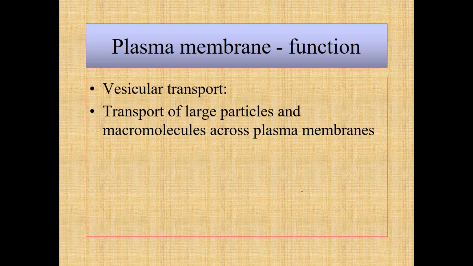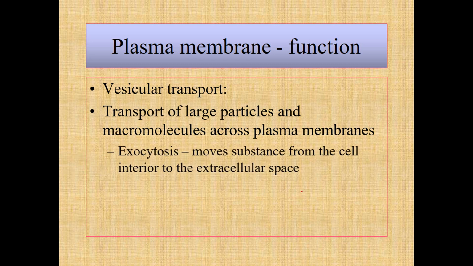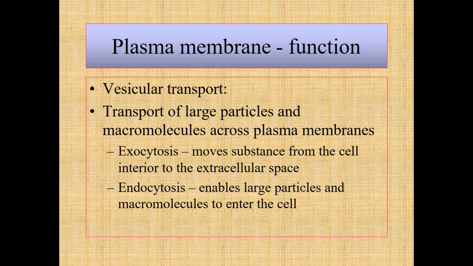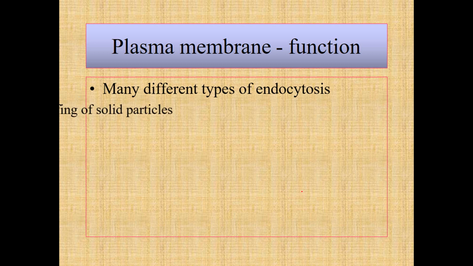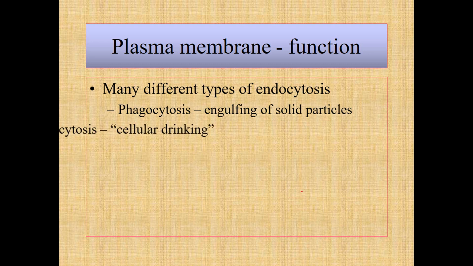And for vesicular transport, we pay attention to the direction. So exocytosis is when we move stuff out of the cell, from the cell to the extracellular space. Endocytosis is when the cell will take stuff in. Now, for endocytosis we take a look at the state of matter. So endocytosis can be broken up into phagocytosis, which is solid.